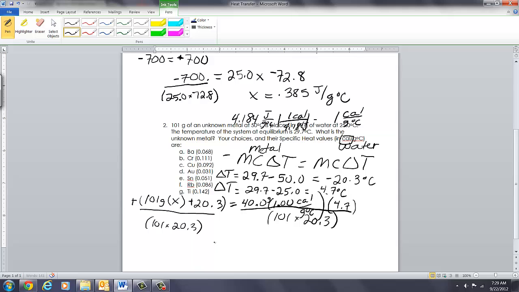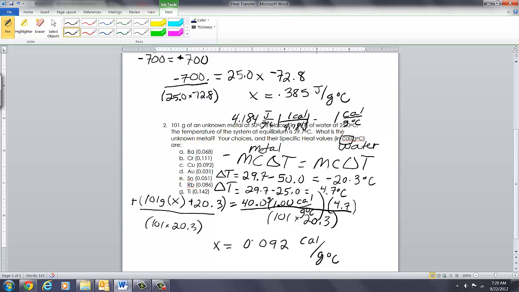I'm just isolating x, and you get that x is 0.092 calories per gram degree C. You should be working these with your own calculator to make sure you get the algebra.